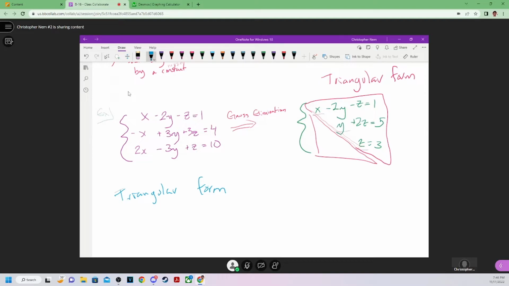Triangular form requires the nth variable to lead on the nth equation, and leading coefficient is 1.